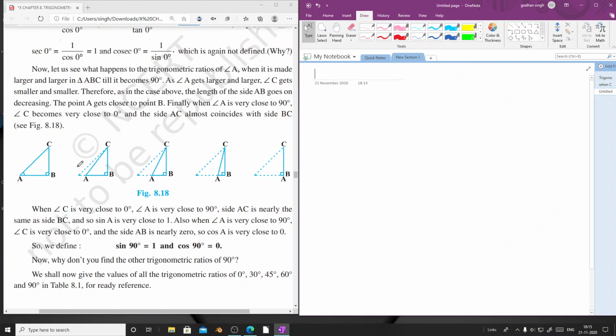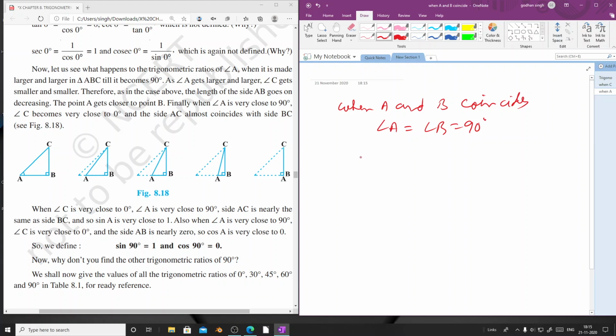Here you can see that the vertex is approaching nearer and nearer to B. As A approaches B, the angle A becomes bigger and bigger. So angle A will become 90 degree when A and B coincide. So that is what we will write: when A and B coincide, then in that case angle A will be equal to angle B equal to 90 degree.